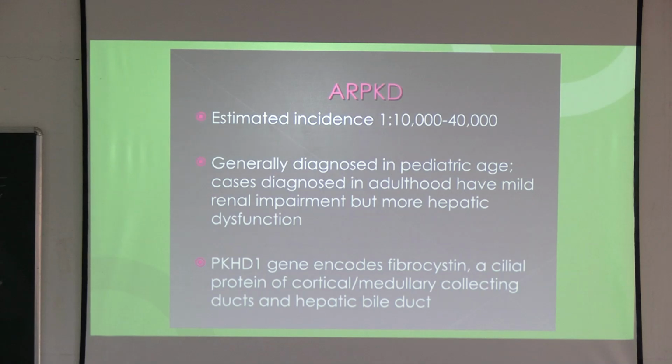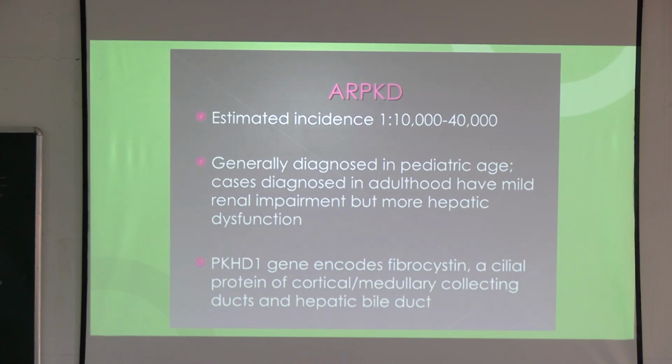Next is ARPKD. So ADPKD is autosomal dominant polycystic kidney disease. Next, ARPKD means autosomal recessive polycystic kidney disease. So the pattern of inheritance is recessive. So a diseased individual has normal parents, okay.